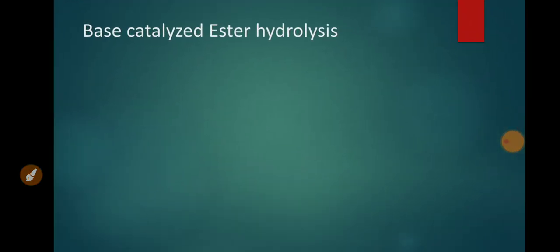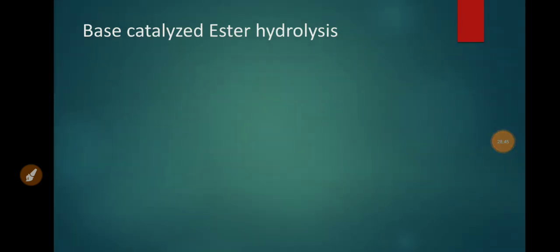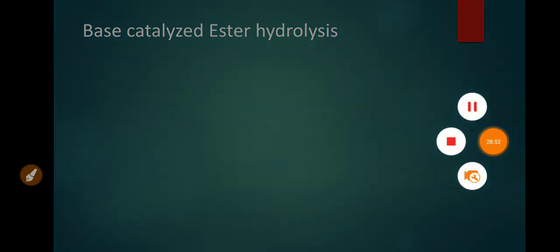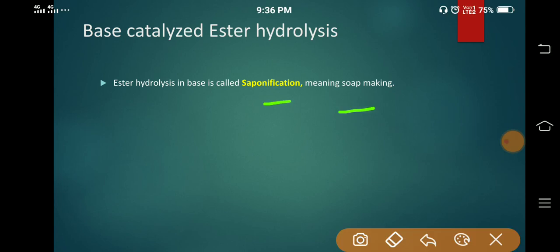Now, another type of ester hydrolysis is base catalyzed ester hydrolysis. Base catalyzed hydrolysis of an ester is an irreversible reaction, because carboxylic acids convert to their corresponding carboxylic anions, which are stable under the conditions. Ester hydrolysis which is carried out in base is called saponification, which means soap making.